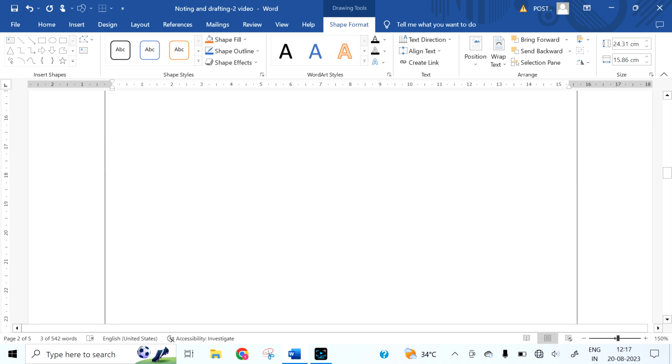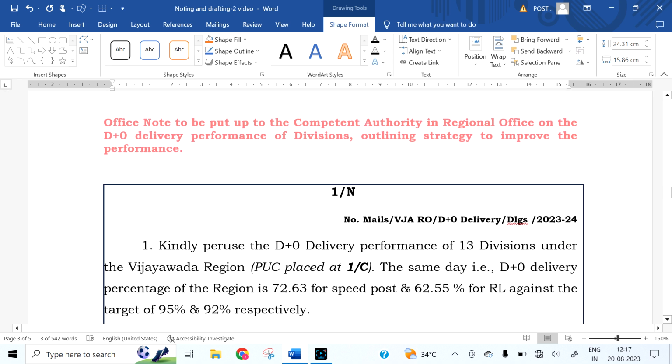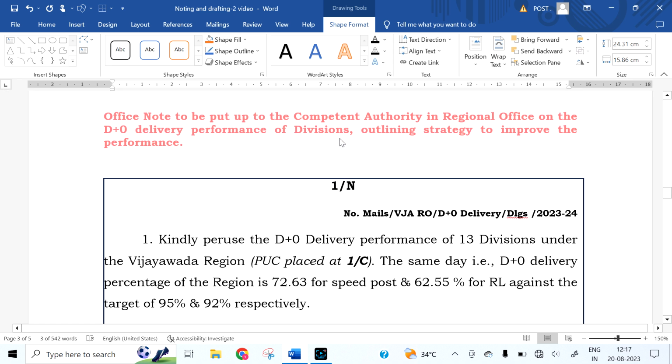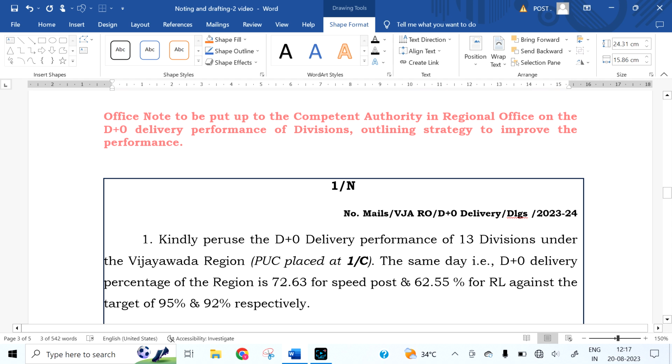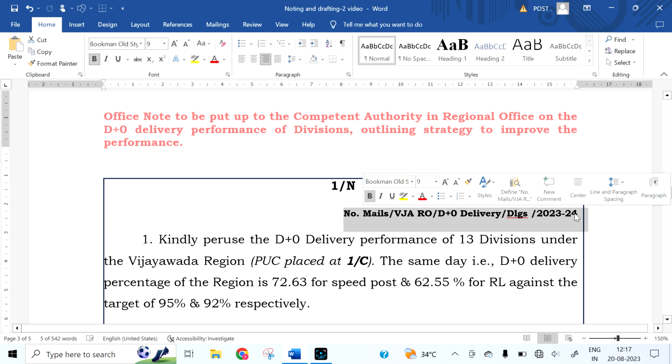I will show the answer to this question now. Office note to be put up to the competent authority in regional office on D+0 delivery performance of the divisions, outlining the strategy to improve the performance. Every note sheet will have the note number first, that is here 1/N. N denotes the note number, and here we will write the case mark of the file.